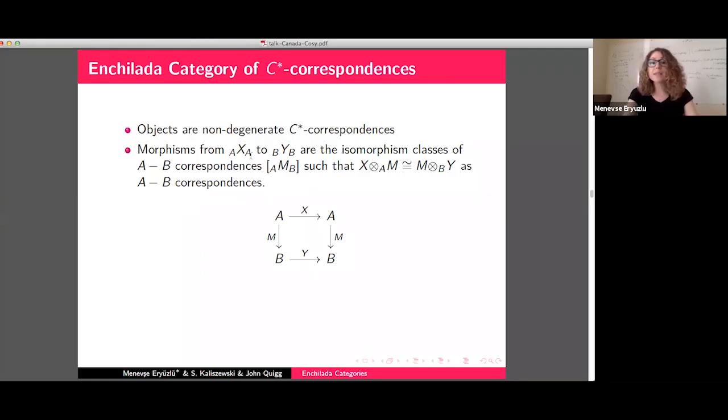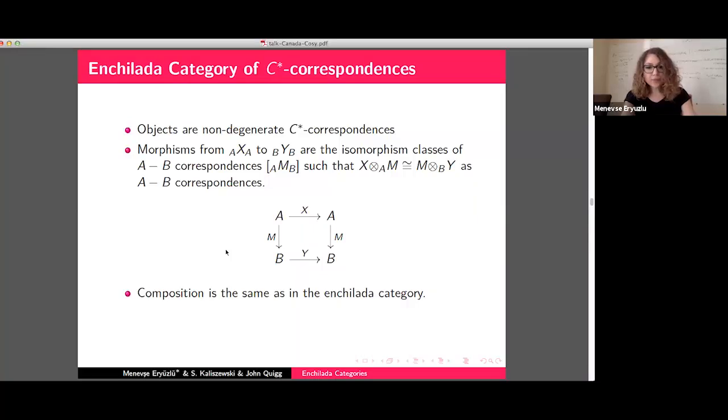Isomorphism here means these two objects are Morita equivalent as C-star correspondences, and that's exactly what we want. That's why we define morphisms in this category in this way, and you will see the use of it later on.